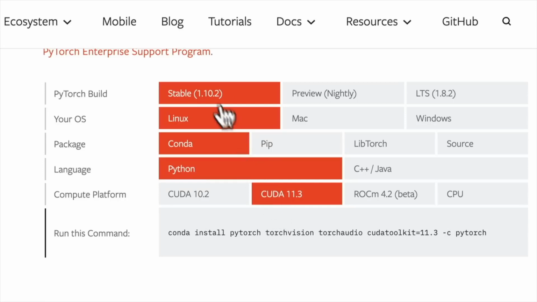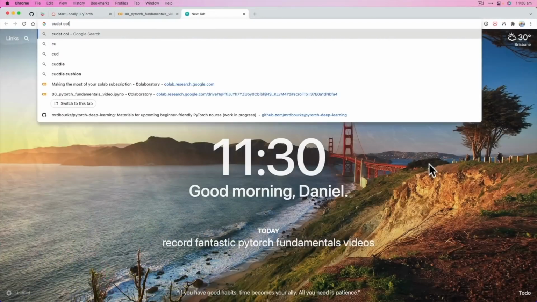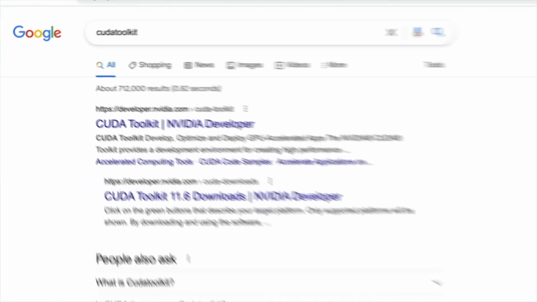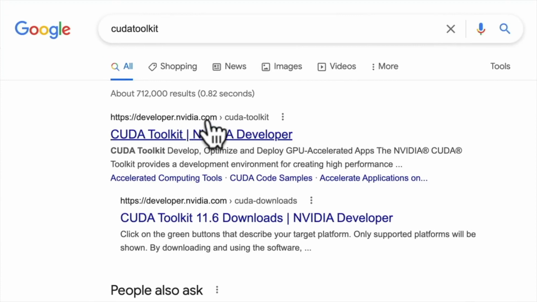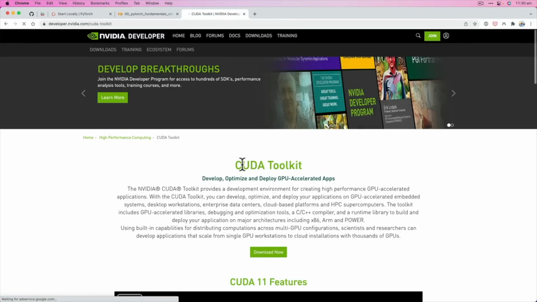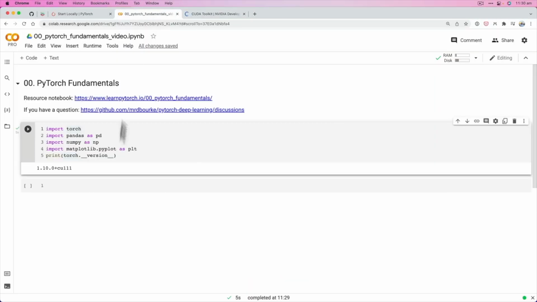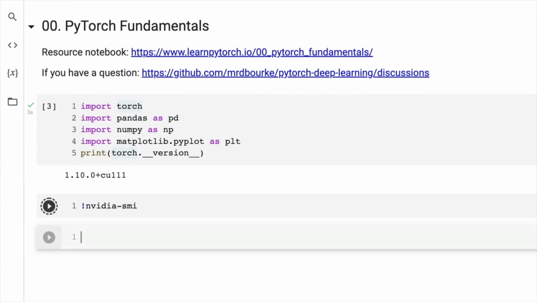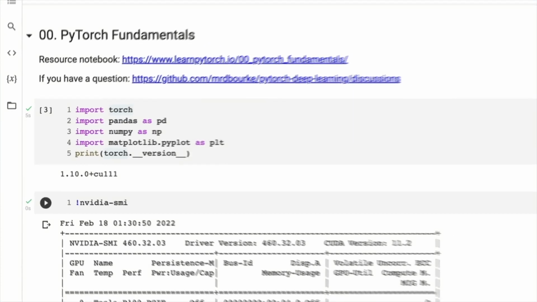So you'll need at least PyTorch 1.10 to complete this course, and CUDA 11.3. That's the CUDA Toolkit. If you remember, CUDA Toolkit is NVIDIA's programming, there we go, NVIDIA developer. CUDA is what enables us to run our PyTorch code on NVIDIA GPUs, which we have access to in Google Colab. Beautiful. So we're set up, ready to write code.